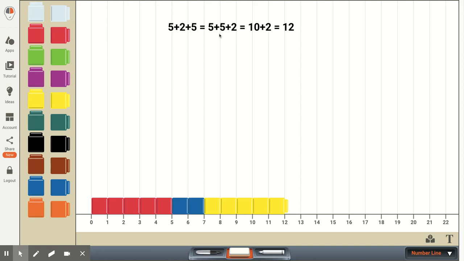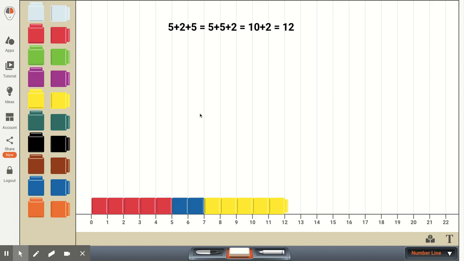They may know that either as a doubles fact, or they may know that as a fact that 5 plus 5 equals 10, one of the 10 facts. So then if they switch this around, it'll be easier for them to know that 5 plus 5 equals 10, plus 2 more equals 12.